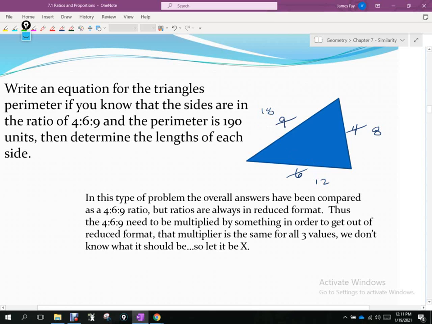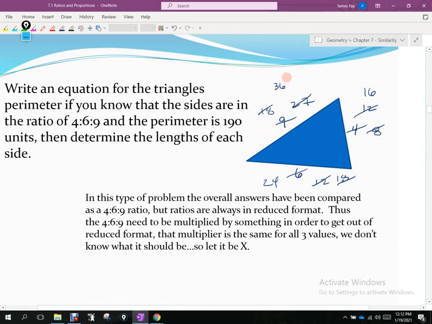But 8, 12, and 18, that sums up to what? 38? Closer to 190, but they're still not the right ones, right? So maybe they were all simplified by 3. So instead of 4, it was 12. Instead of 6, it was 18. Instead of 9, it was 27. And add those up. They don't get 190, right? Do you see how we can keep playing this game? What if it was a factor of 4, so 16, 24, 36, and add those up.